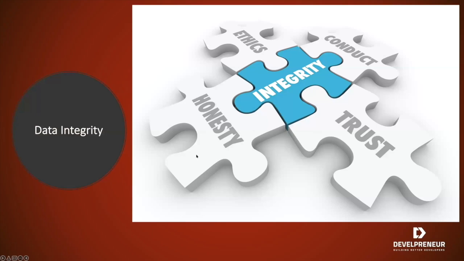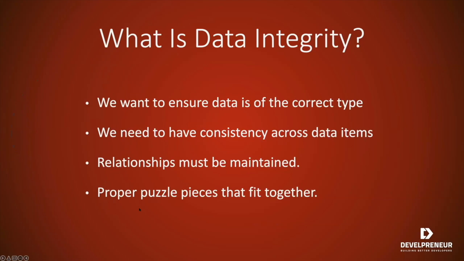Data integrity. So how does our data interrelate with data within the database? So let's talk about data integrity. What is it? You'll hear about it when you're dealing with the database, but what does that mean? Well, first, it means that the data is of a type that makes sense. For example, if you're dealing with financial transactions, those numbers need to be, probably, a decimal or float type, with two decimal precision.